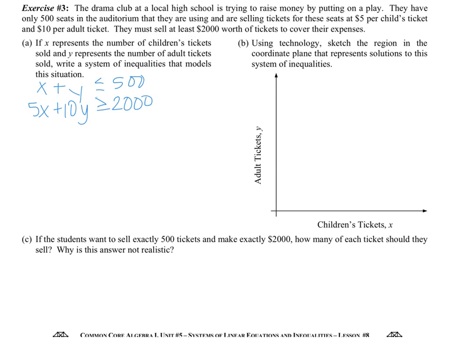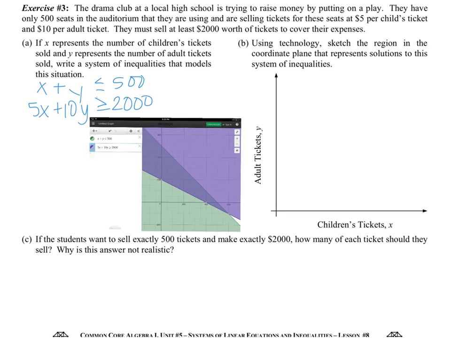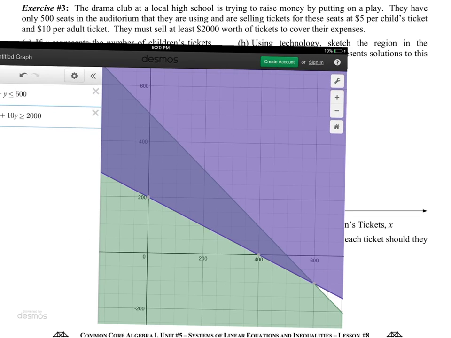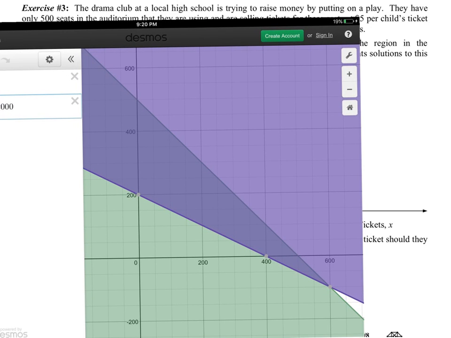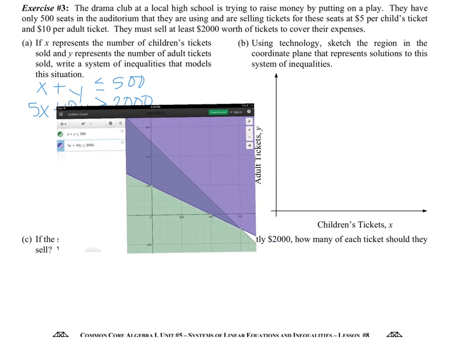So using technology, sketch the region in the coordinate plane that represents solutions to the system of equations. So again, I'm going to use decimals to help me with that. If I zoom in a bit on this, you will see that it is going through the y-axis at 200 and what looks like 500.